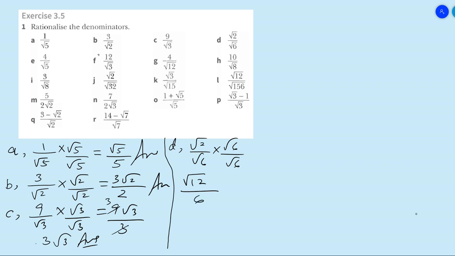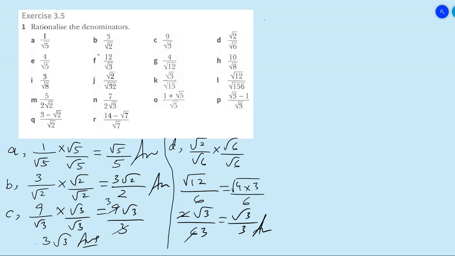Now, this 12 can break into 4 into 3. The square root of 4 is 2. 2 is outside and inside is 3. 2 ones are 2, 2 threes are 6. Root 3 upon 3 is the answer of part D. So you can see these are very easy parts.